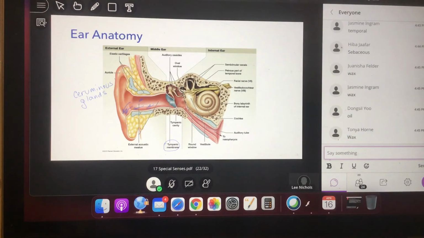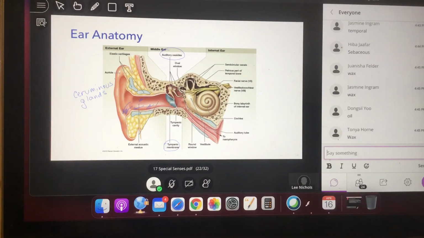Its job is to vibrate. It's a dense, regular connective tissue that vibrates when sound hits it, and its major job is to vibrate these little bones behind it. The first bone is directly attached to the tympanic membrane.